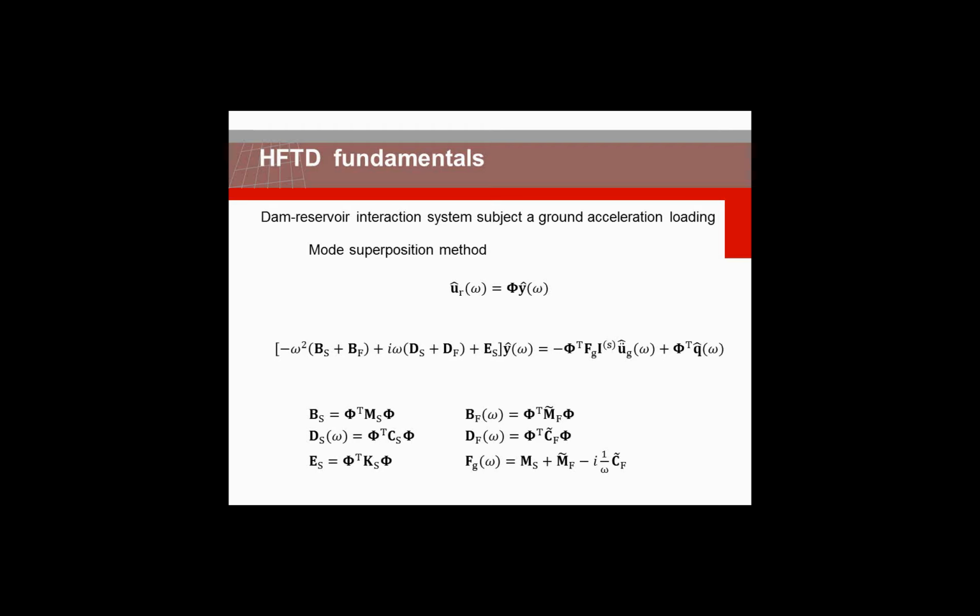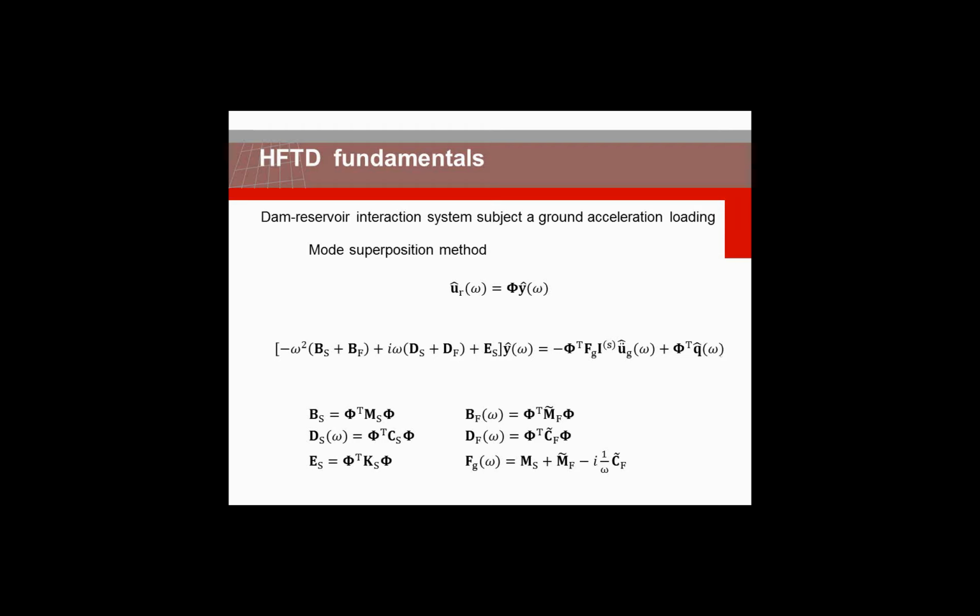It is just required to express the complex amplitude of the displacements in terms of a mode-shape matrix and modal coordinates, and after replacing in the previous equation, we obtain this simplified equation in which all the matrices are generalized matrices and depend on the linear mode shapes of the structure, right?